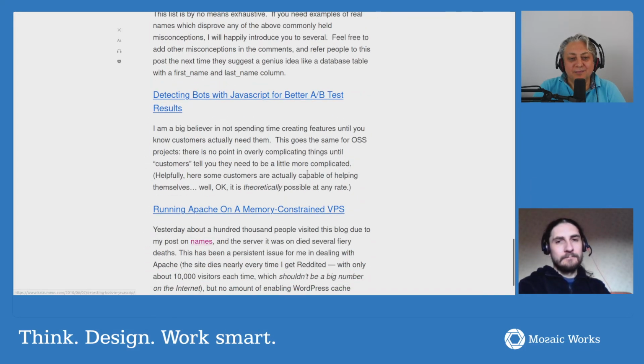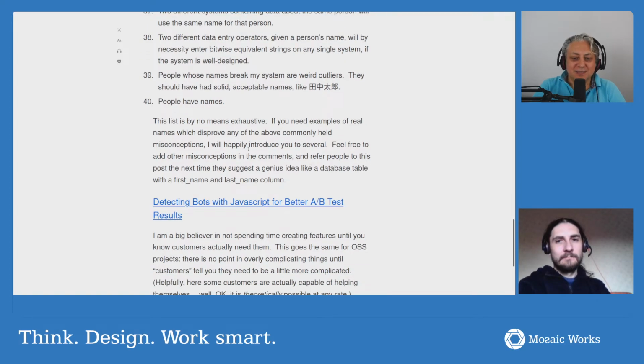And the article closes by saying this list is by no means exhaustive. If you need examples of real names which disprove any of the above commonly held misconceptions, I will happily introduce you to several. Feel free to add other misconceptions in the comments and refer people to this post the next time they suggest a genius idea like a database table with a first name and last name column.